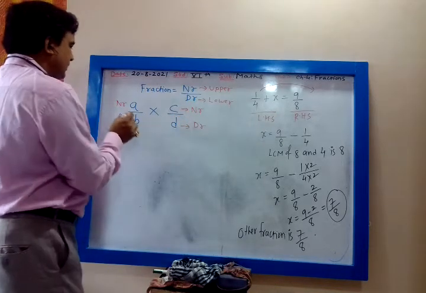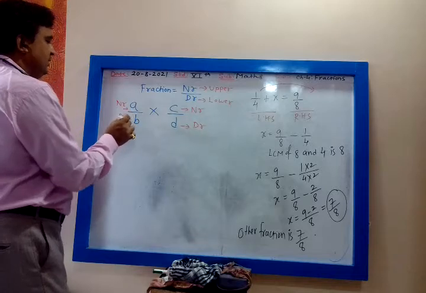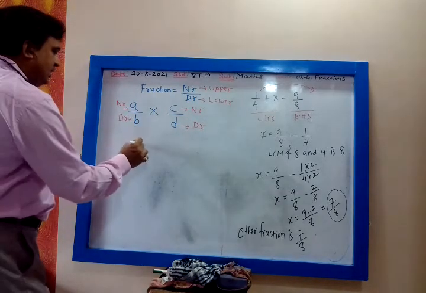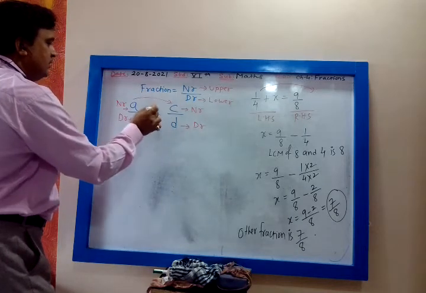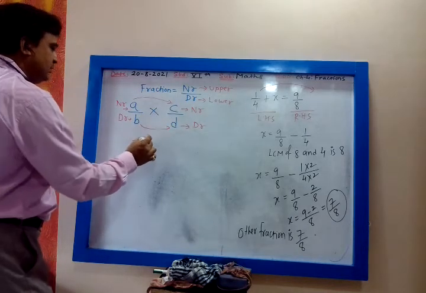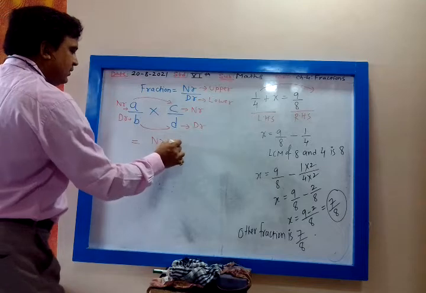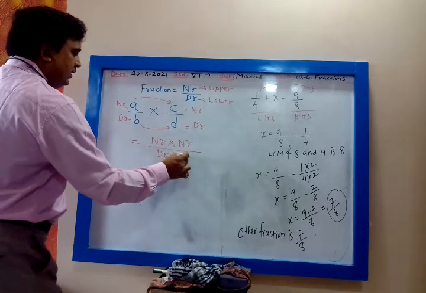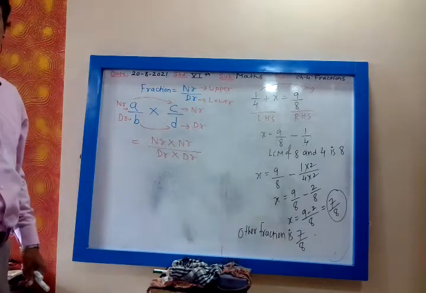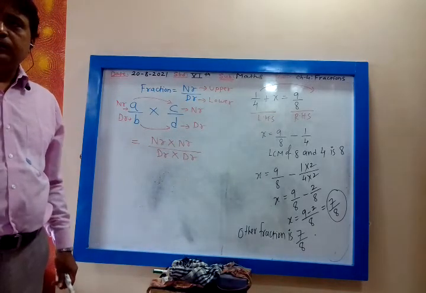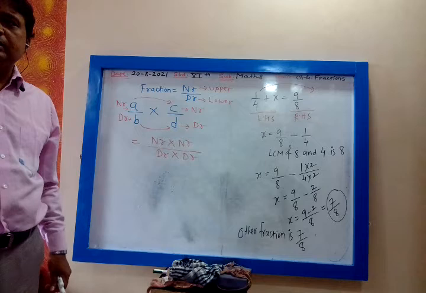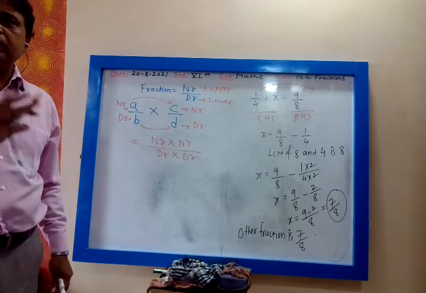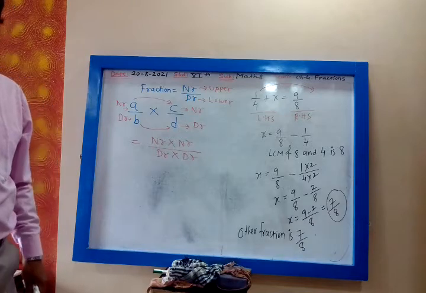Whenever you want to multiply two fractions, we multiply numerator to numerator and denominator to denominator. So we do not take LCM in case of multiplication. We take the LCM of the denominators in case of addition and subtraction. In case of multiplication, we do not take the LCM, that you remember.